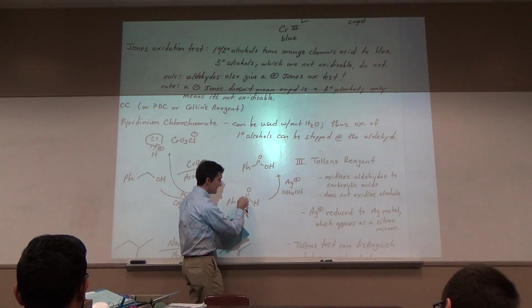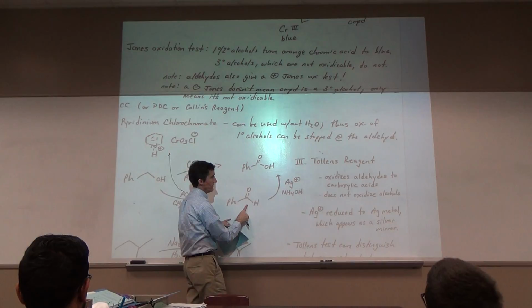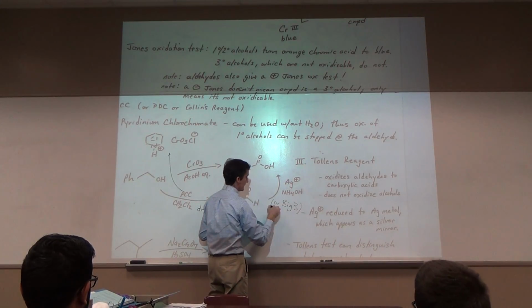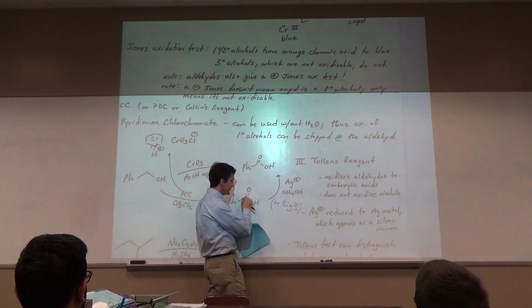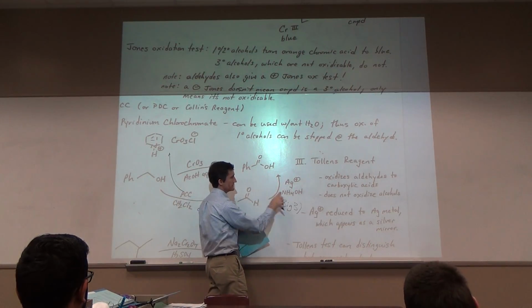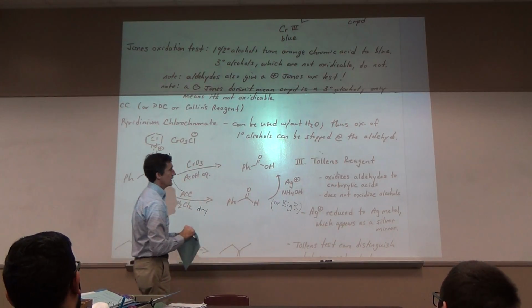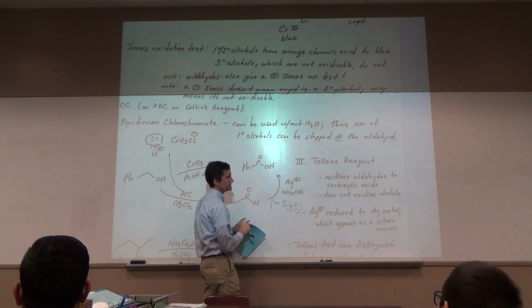Now aldehydes can be further oxidized. That's what we did up top, yeah? Now you can use a big three. That'll take it all the way. But there is a unique reagent that's just usually done here, and that's silver ion. Silver ion will oxidize the aldehyde to the carboxylic acid.